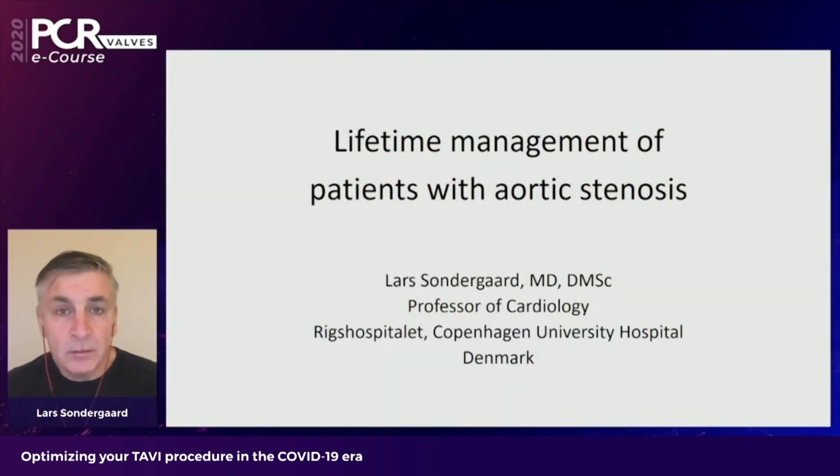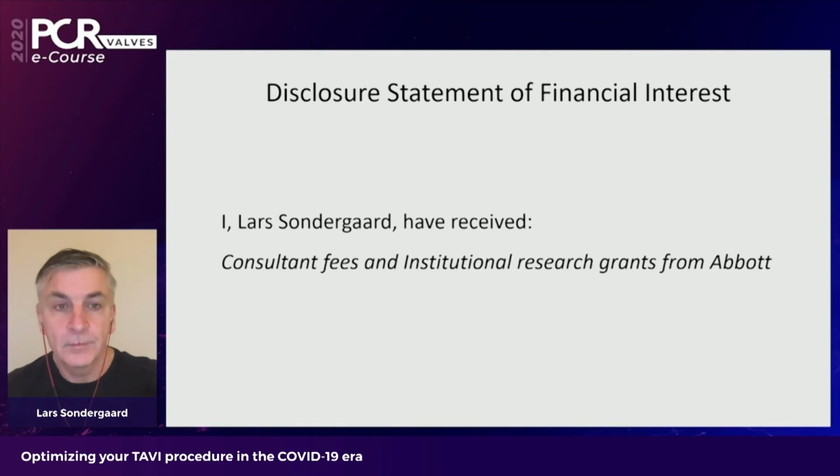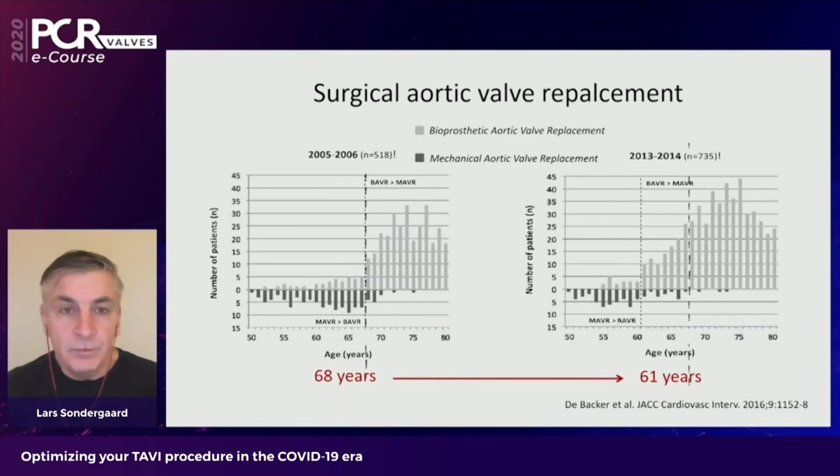So I'm going to talk about a lifetime management of these patients with aortic stenosis. These are data from our institution in Copenhagen, looking at what the surgeons have been doing for the last 15 years.